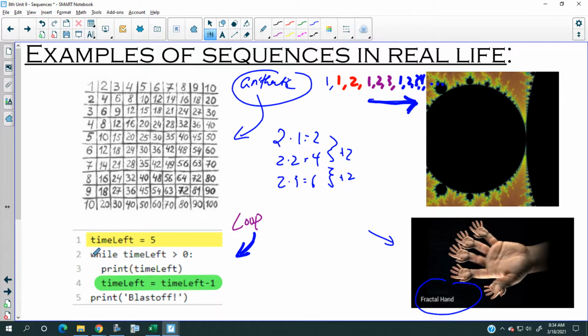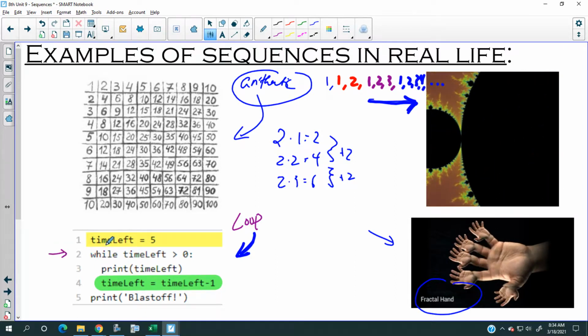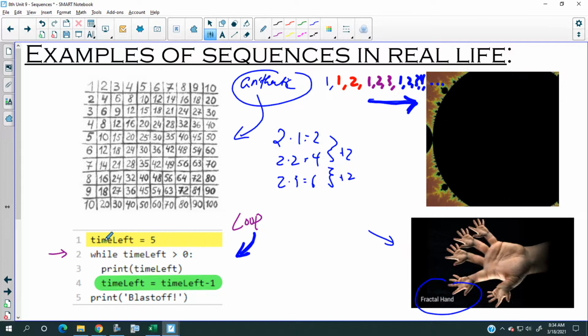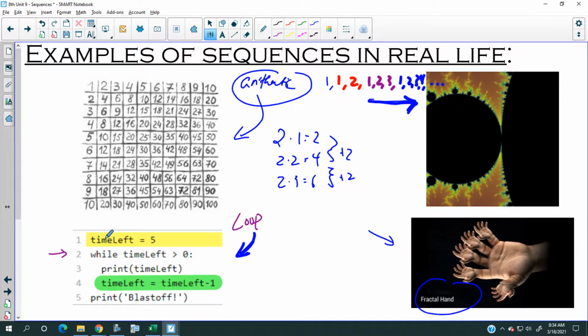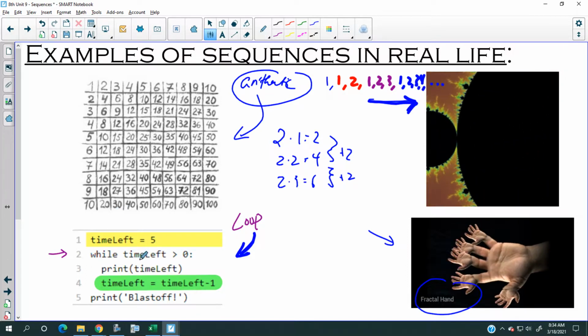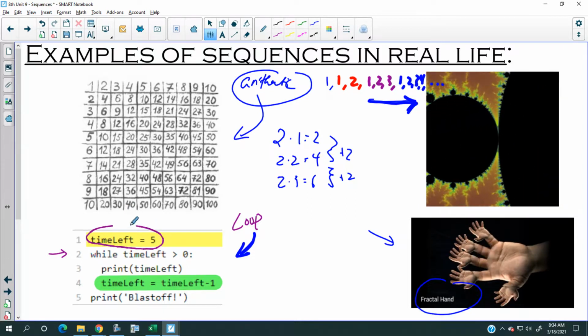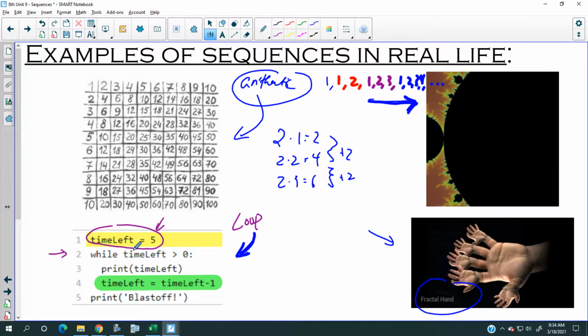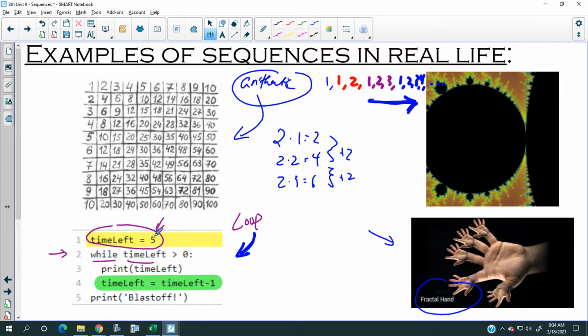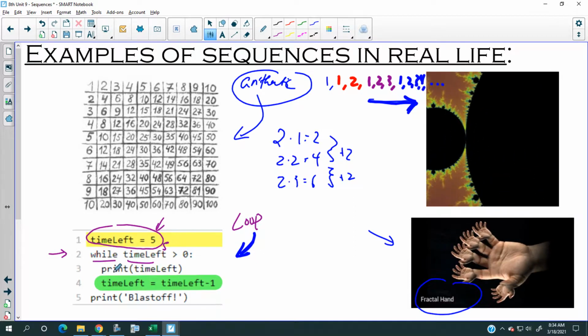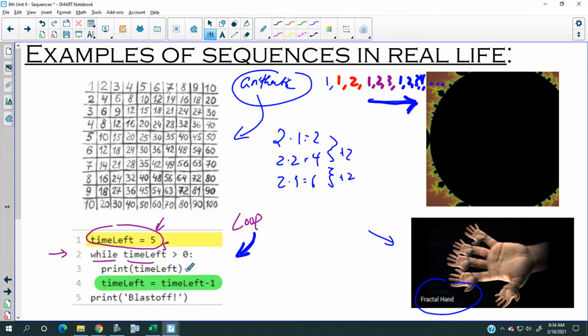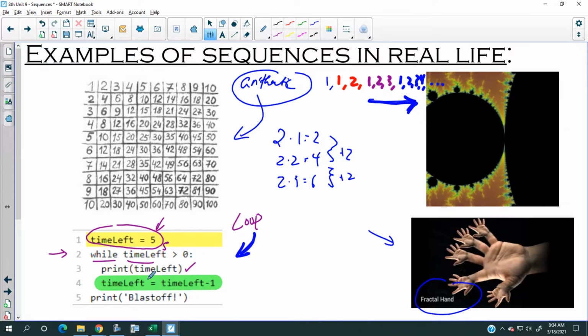So here, for example, a little quick, because I did very little computer programming when I first got out of college. Let's say we define a variable, time left, the number of times, and while this number is greater than 0, you print the time left, and then you take 1 off.